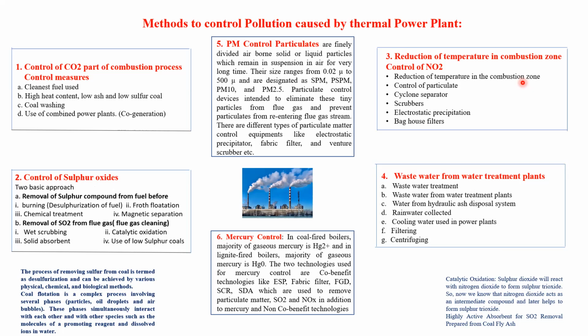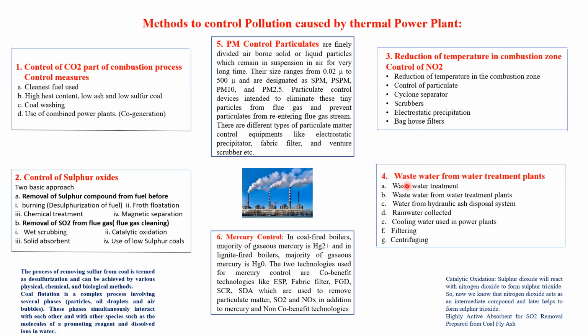So in order to avoid this liberation of NOx, you have to maintain the furnace temperature as low as possible, below 1000 degrees centigrade. Nowadays, as I have explained in one of the topics, FBC, fluidized bed combustion boilers can be used, so that if you use fluidized fuel, this problem of NOx will be reduced, as the furnace temperature is around 800 to 900 degrees in these FBC boilers.